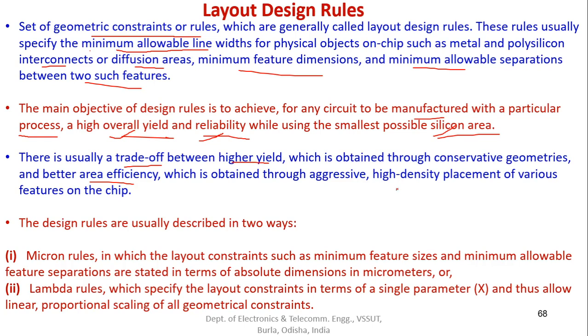If you want higher yield, you will have to sacrifice some area on the chip and go with conservative geometries. If you want a densely packed IC, then better area efficiency would be obtained with aggressive, high density placement of various features on the chip.